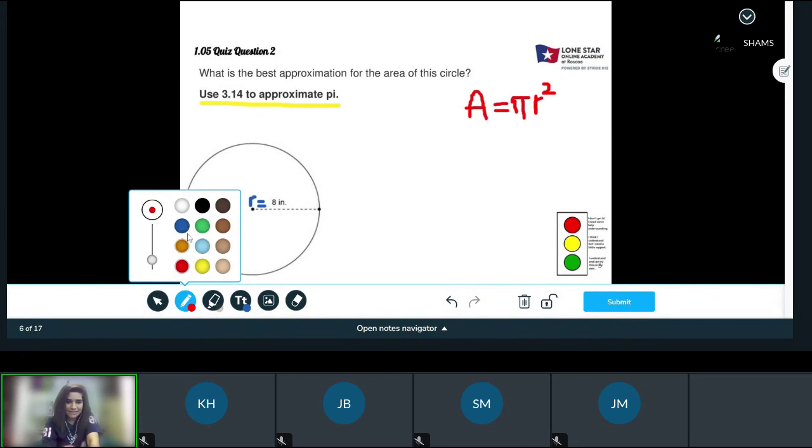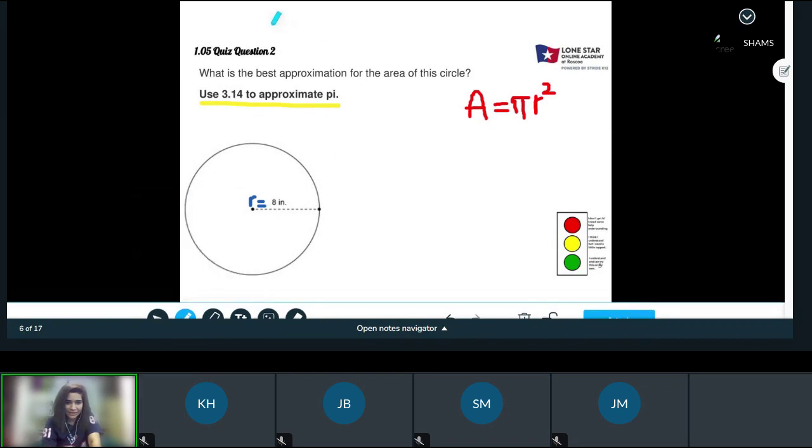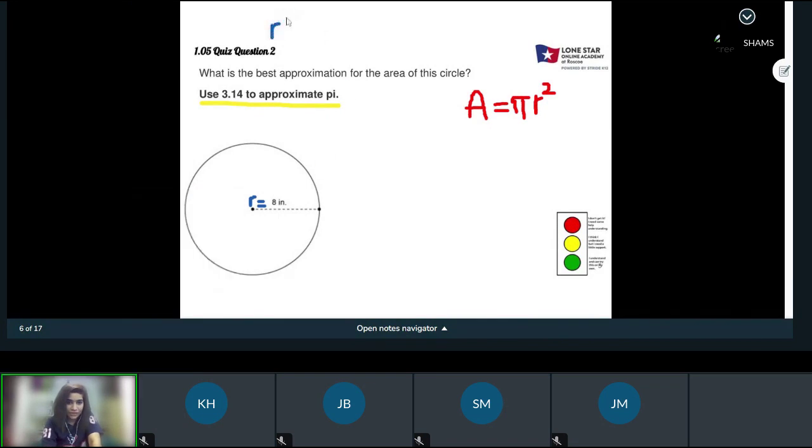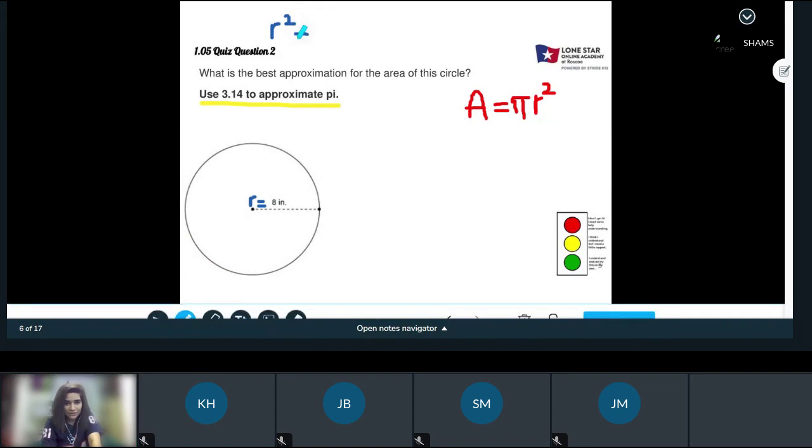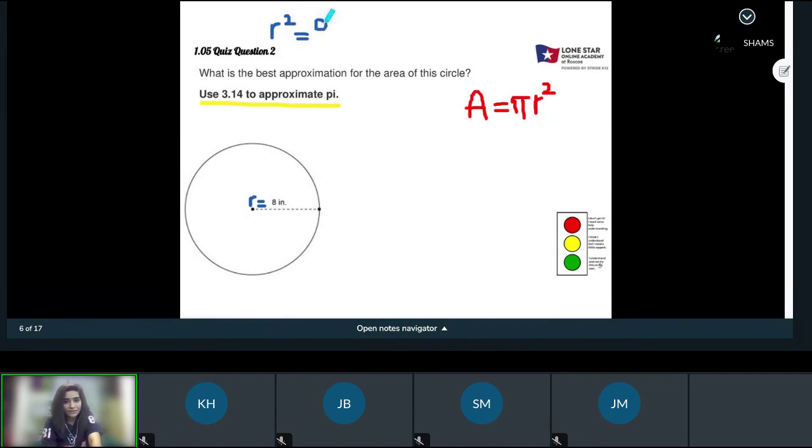R is 8, right? And you can then calculate r squared. If r is 8, r squared is 8 squared.